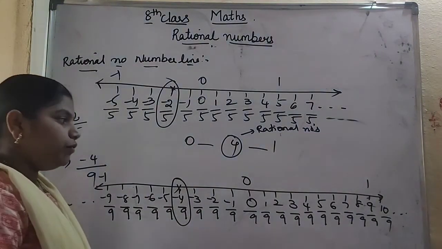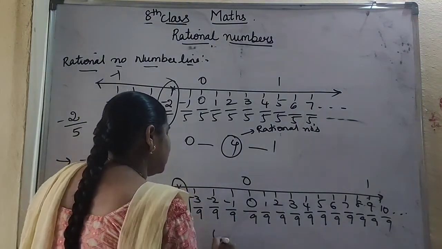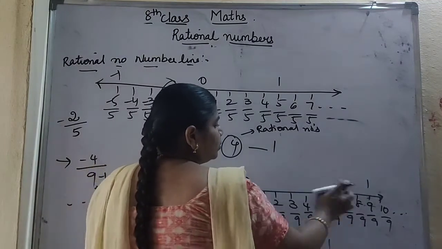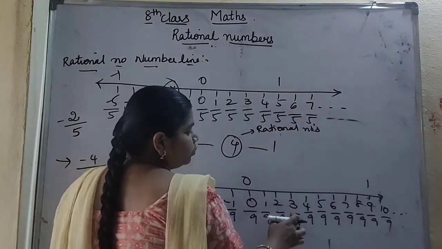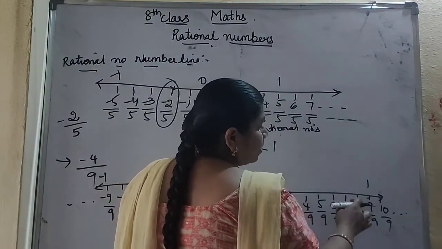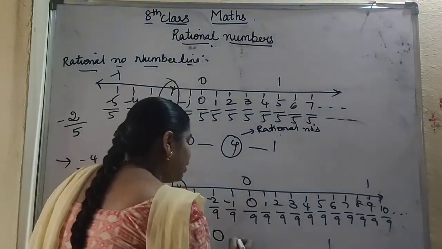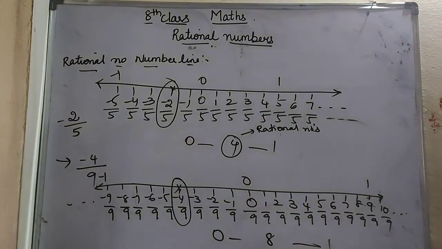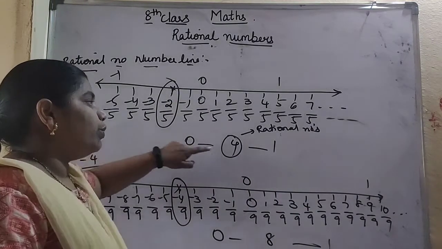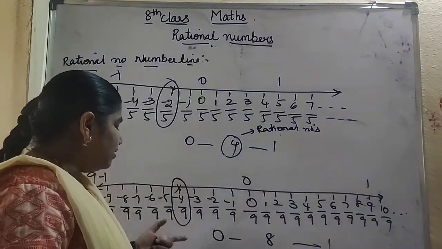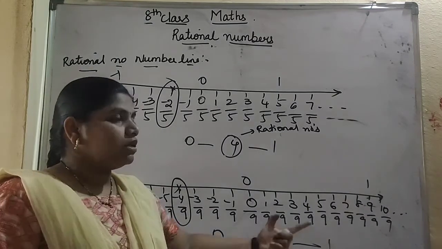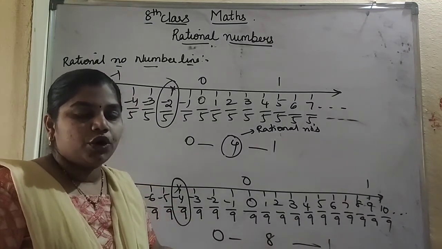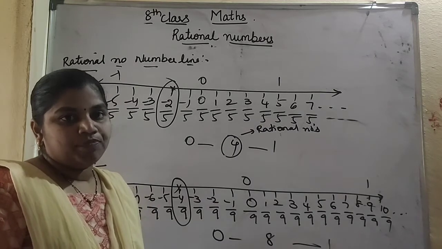Okay, so if you take now between 0 and 1, how many rational numbers are there? You count. 1, 2, 3, 4, 5, 6, 7, 8. So 8 rational numbers are there between 0 and 1. But in the previous case, you got only 4 rational numbers between 0 and 1. Is it right?